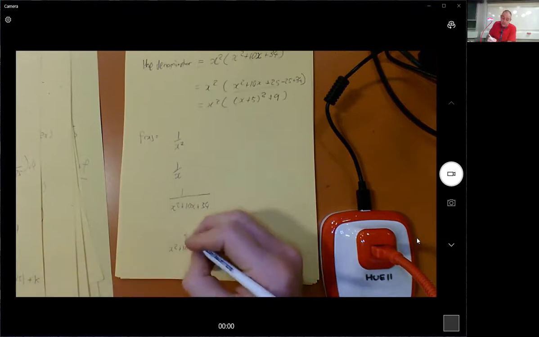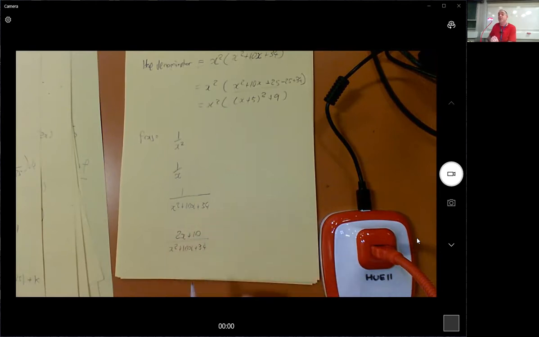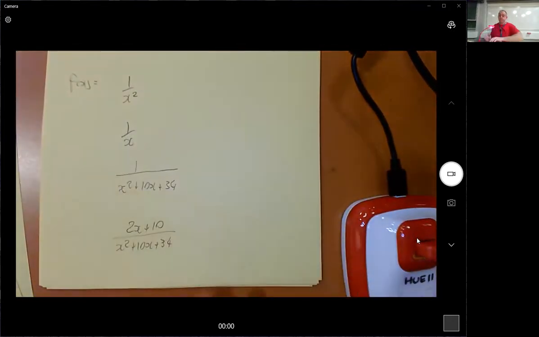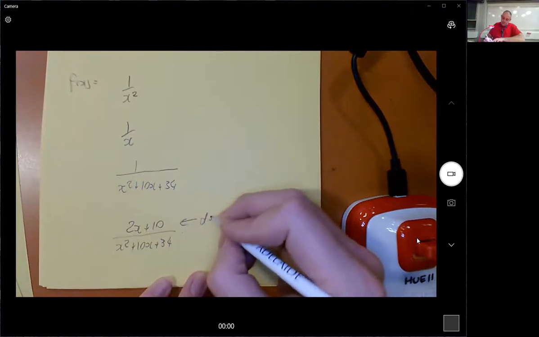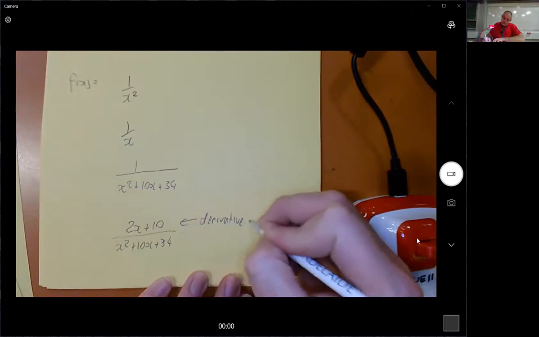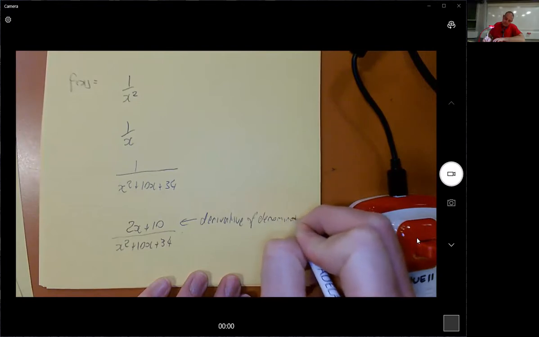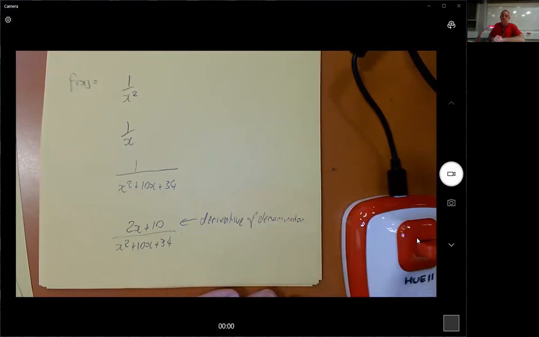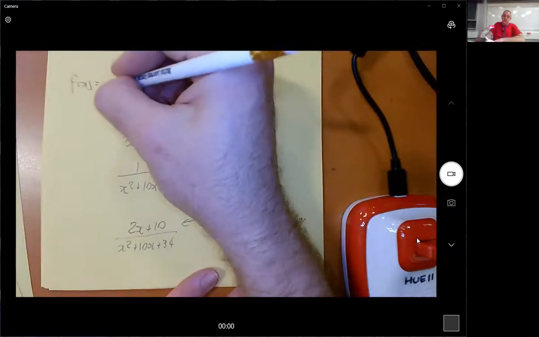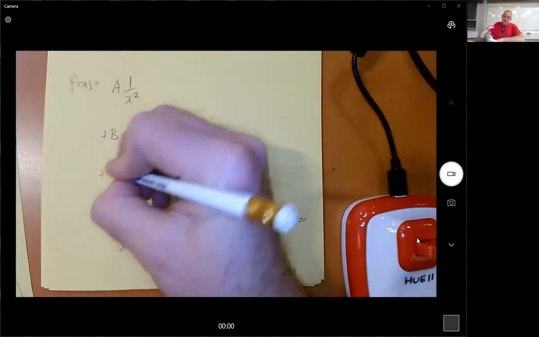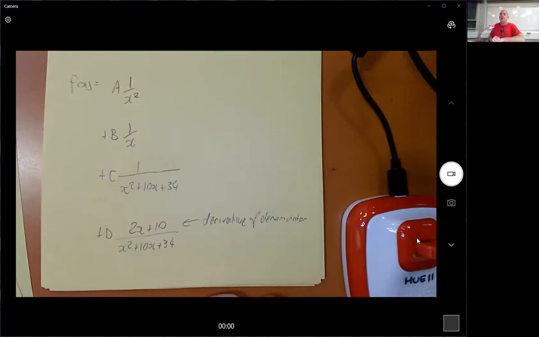So I'm going to choose 2x plus 10 because that's the derivative of the denominator. So I'm going to have some number of this and some number of this and some number of this and some number of this.